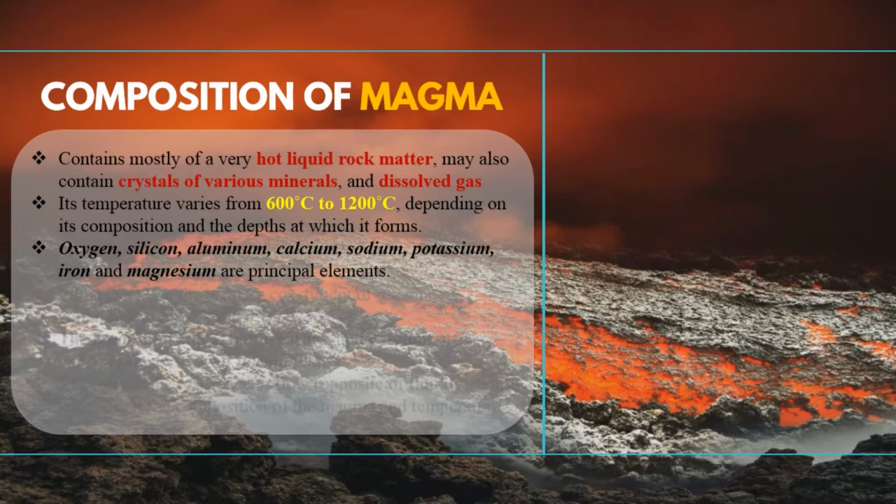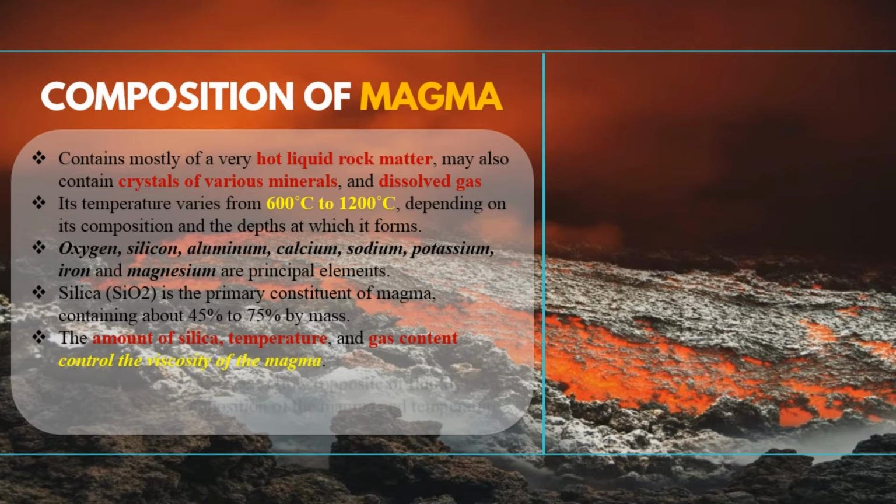The principal elements that we can find in magma are oxygen, silicon, aluminum, calcium, sodium, potassium, iron, and magnesium. But the primary constituent of magma is silica, which is about 45 to 75% by mass.